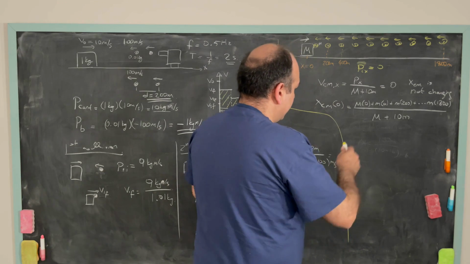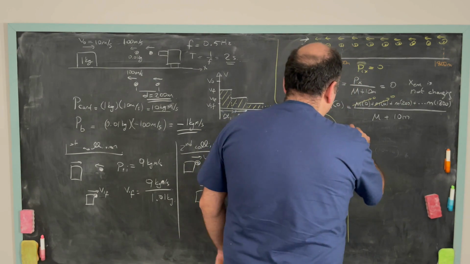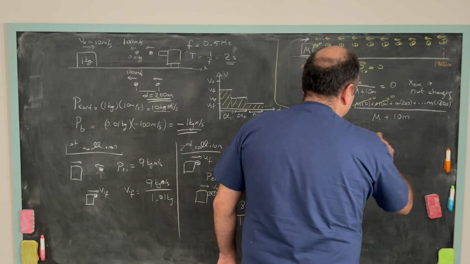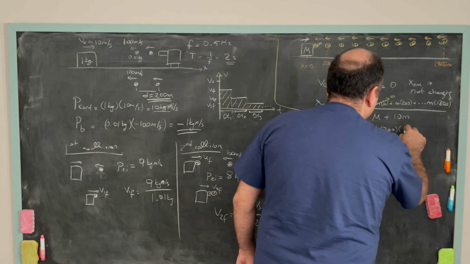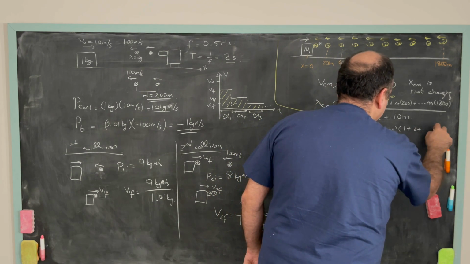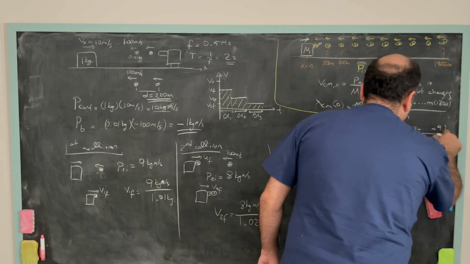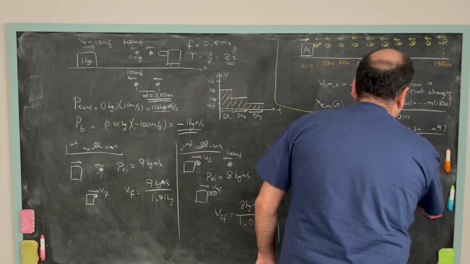Here this term is 0, this term is 0. So x center of mass at t equal to 0 is little m times 200 times parentheses 1 plus 2 plus dot dot dot all the way to 9, divided by m plus 10 little m.